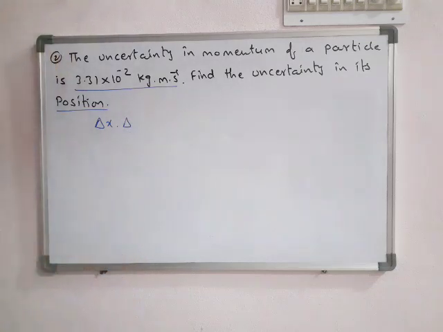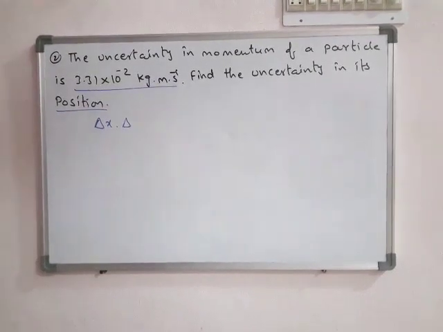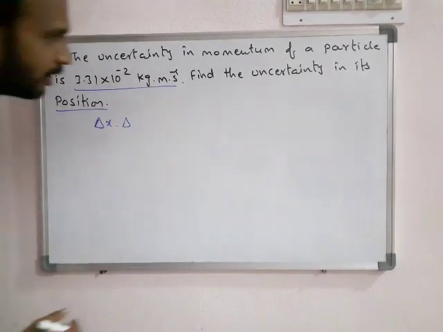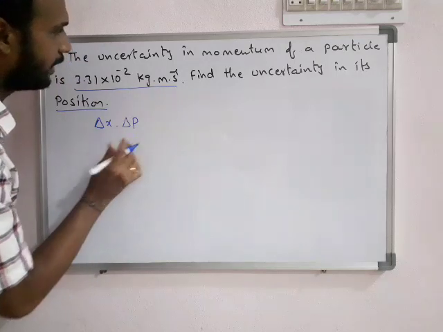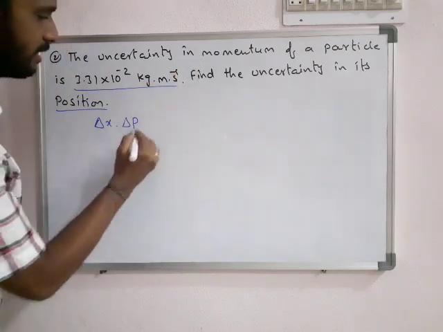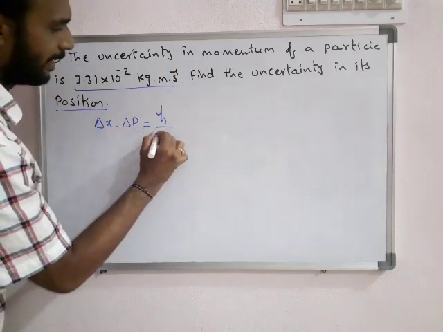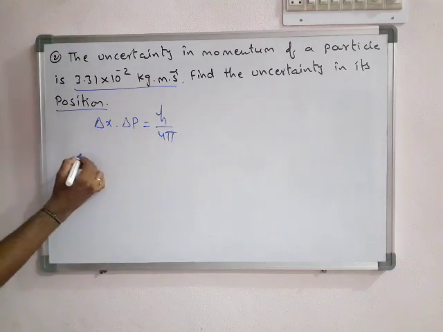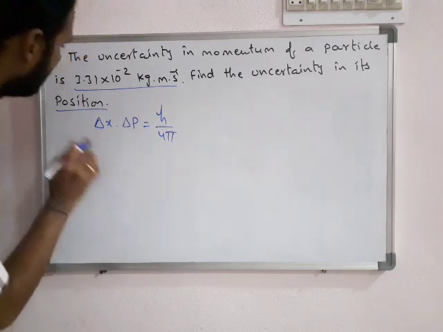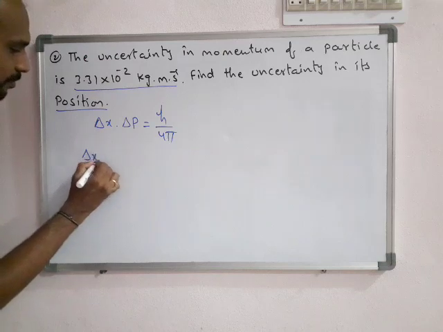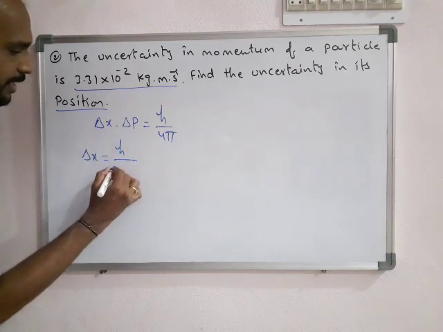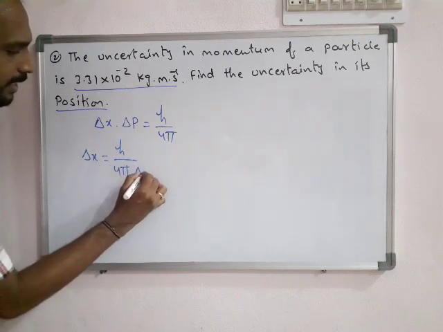So what is the formula in terms of momentum? Because momentum is given, delta x delta p is h by 4 pi. We need to find the uncertainty in its position, that is delta x equals h by 4 pi delta p.